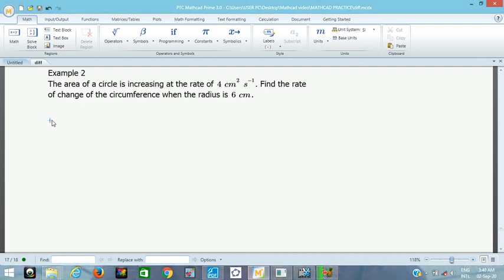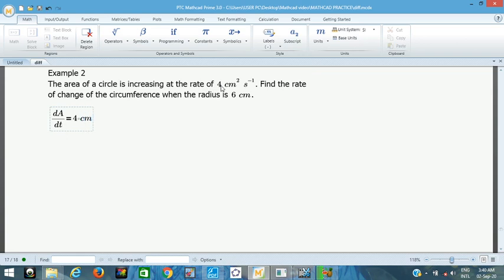So what I need to do first is say dA/dt is going to be equal to the value that is given, which is 4 centimeters square per second, that is 4 cm² s⁻¹.